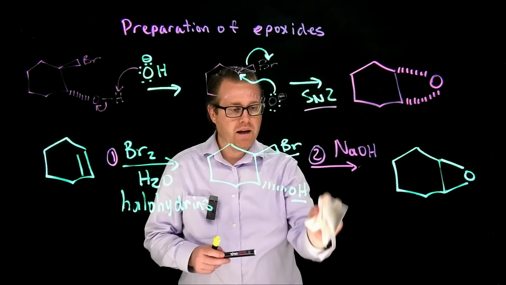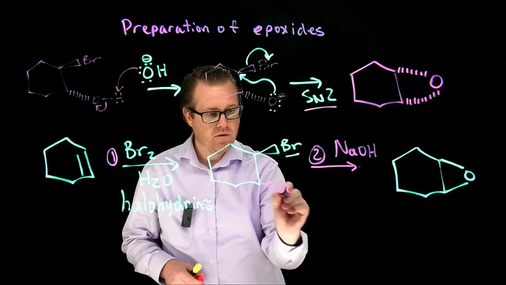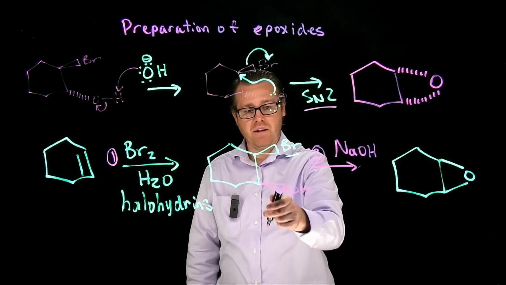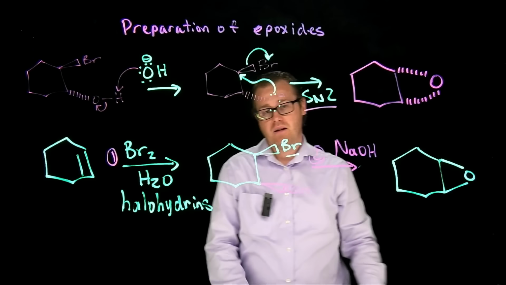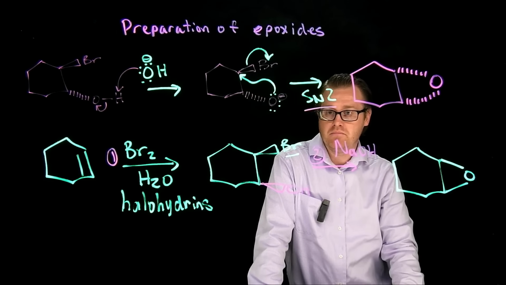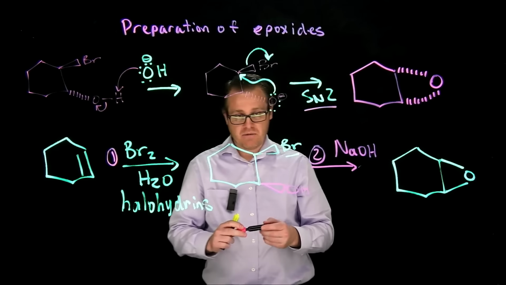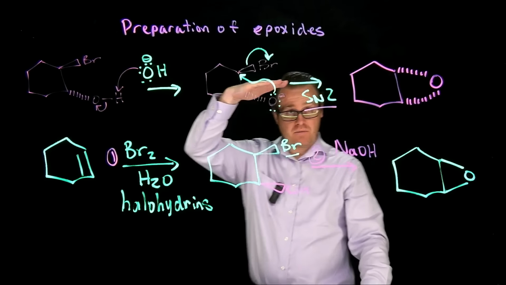So based off of the mechanism that I've shown you, could you form the epoxide when the alcohol is on the same side as the leaving group? It can't work because it can't do backside attack. Because when we take a look, this hydroxyl is on the top face of the ring.